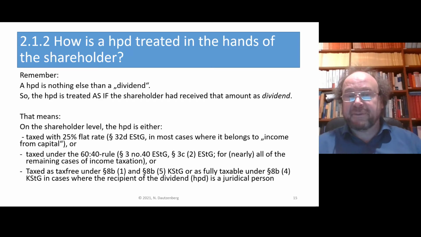So 25% or 60-40 rule never is possible for a juridical person as recipient of a dividend. They only have 8b, either 1 and 5, so complete exemption, or complete taxability.